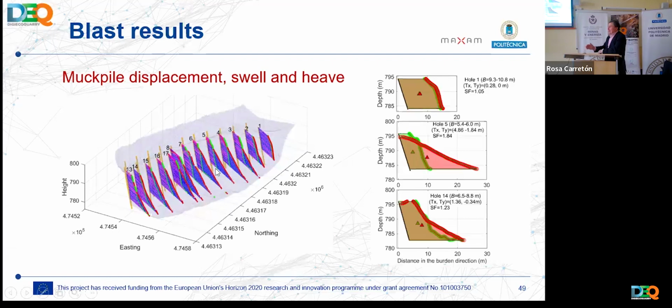You can use this to figure out how this is a result of the blast. The blast has already been blasted, so nothing to control here a priori. But it tells you a lot about how the burden can vary your displacement. You may even want to reduce or increase your burden by looking at this.